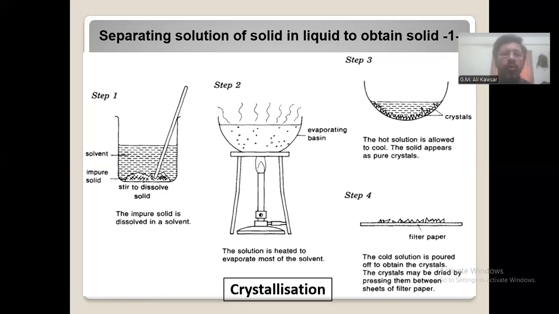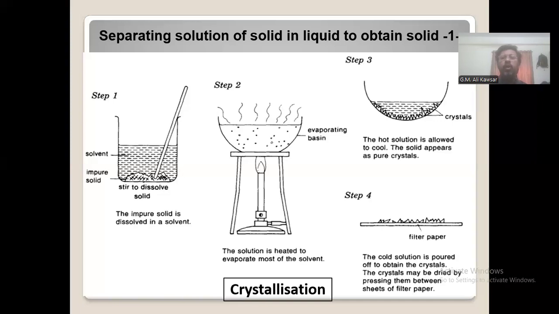So in that case, first we have to make sure that the dissolved particles are converted into crystals, and then at that stage they will not be disappeared. Then by filtration, we can separate them. So first we have to convert the dissolved particles into insoluble particles. Here, according to the figure, we take the solution on a tripod stand, and we can heat it. Some part of the water will be evaporated and the solution will be a bit concentrated.